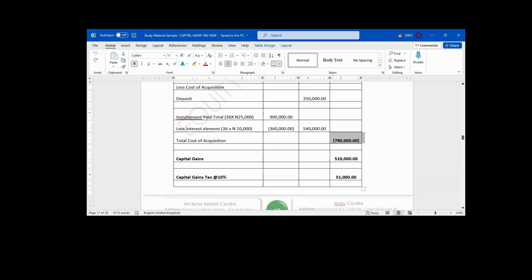This is capital gain on hire purchase transactions, when a buyer of an asset later sells the asset. The second aspect is capital gain tax on hire purchase transactions. When a seller sells an asset on hire purchase, he makes a gain, but the buyer is paying on hire purchase.